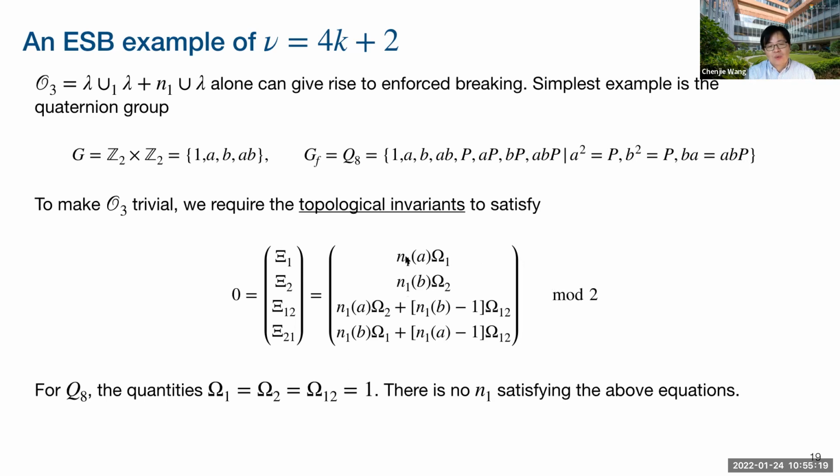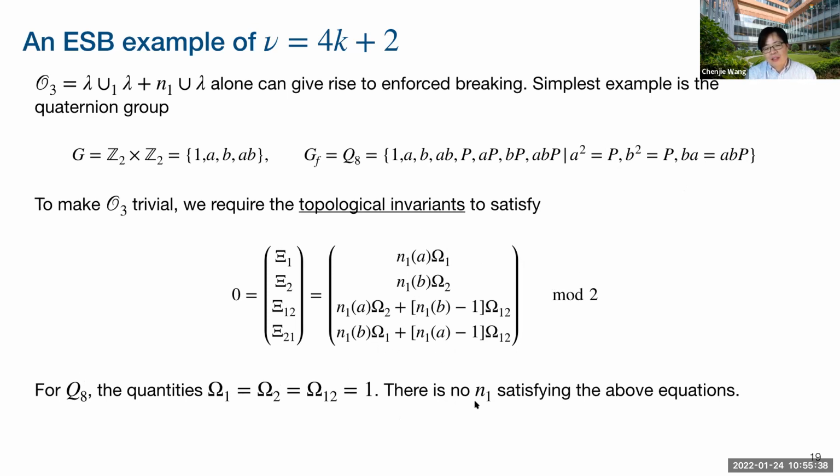Then you ask whether there exists any solution for this equation or not. In the case of the quaternion group, these numbers are 1. So basically it corresponds to these 3 equations, where 1 means that it's P. Then this becomes a simple algebraic equation.